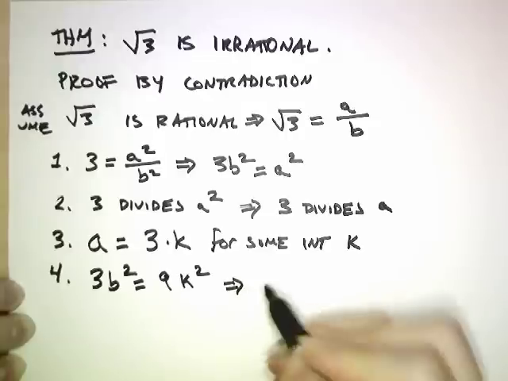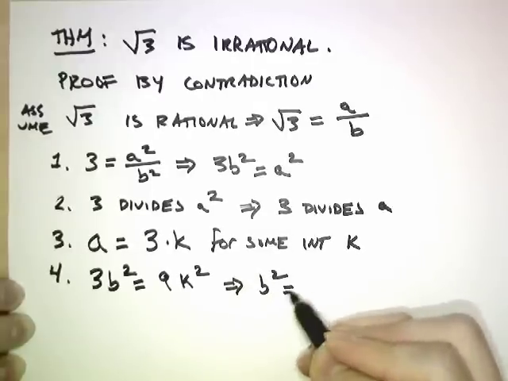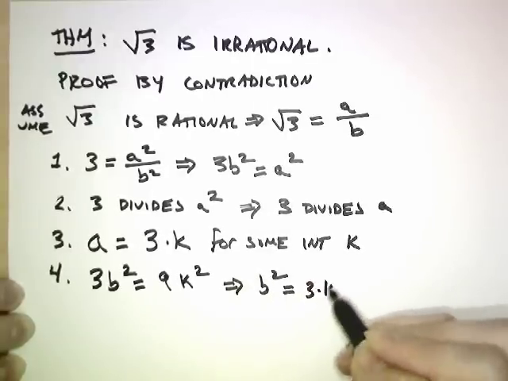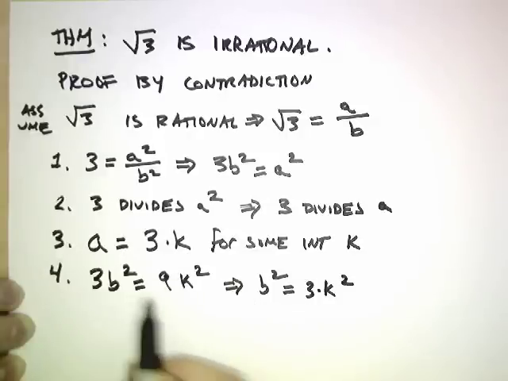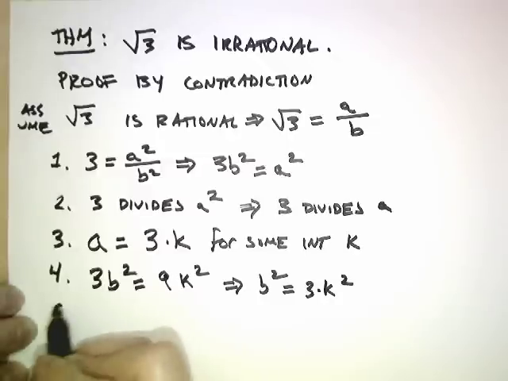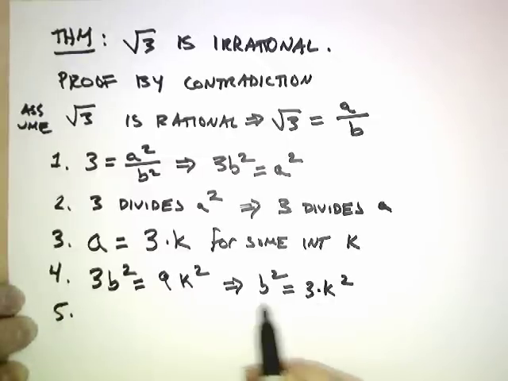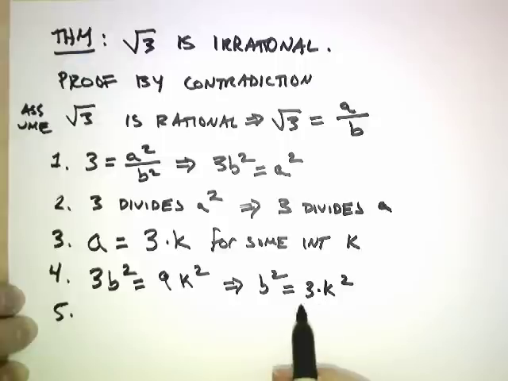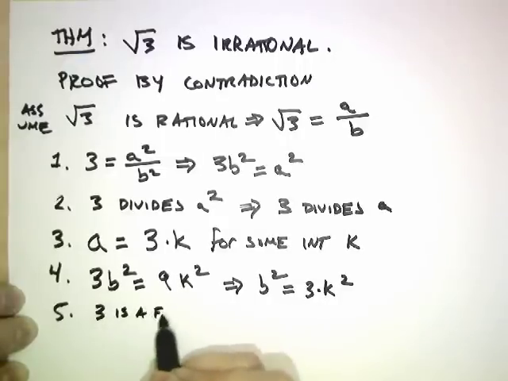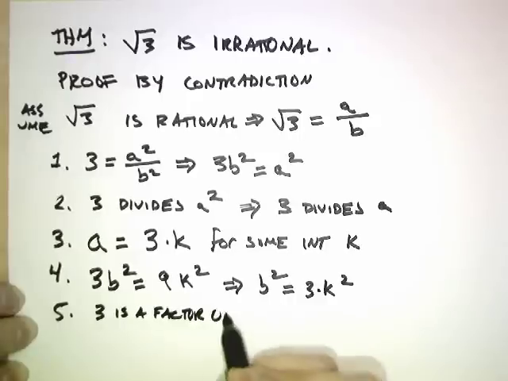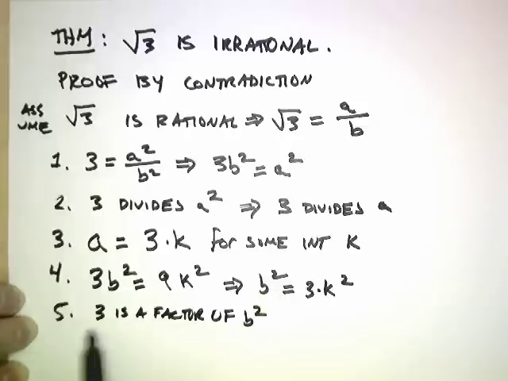And this implies that b squared equals 3 times k squared. I divided both sides of this equation by 3. Okay, so from here, b squared equals 3 times k squared. It means that 3 is a factor of b squared. Well, if 3 is a factor of b squared, by that fact from the previous slide, it means that 3 divides b.